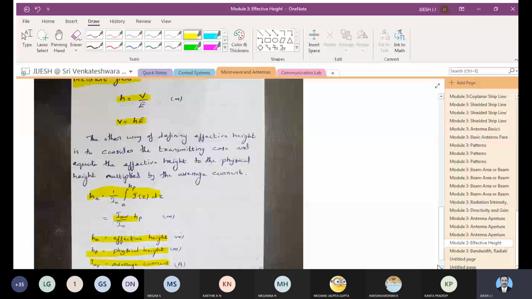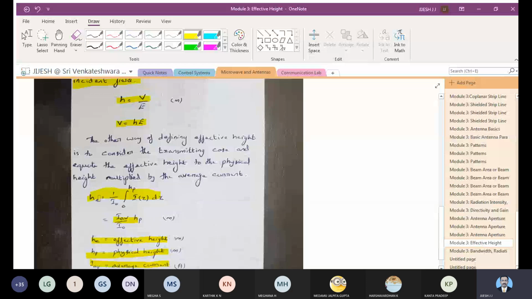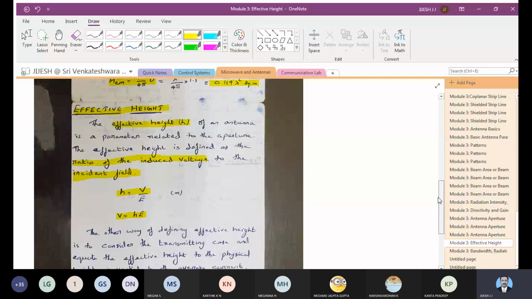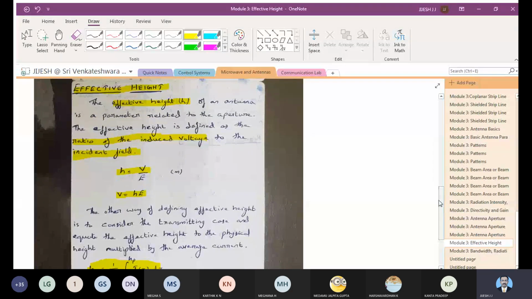That is, HE is equal to I average divided by I naught multiplied by HP. It can also be defined in terms of V by E, H is equal to V by E, and these are some of the basic equations for calculating the effective height. So you can note down these things.